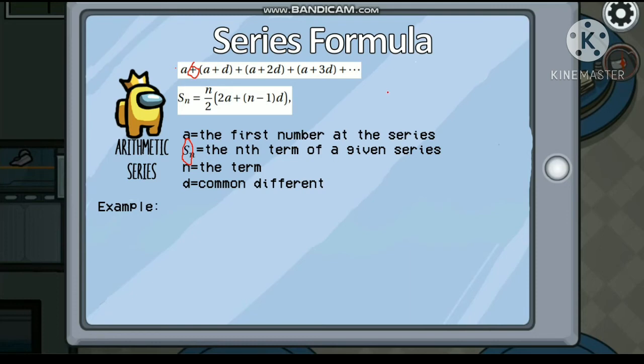Oh yeah, how to find the d is like the sequence. We just subtract the term 2 with the term 1. This is how we can get the d.